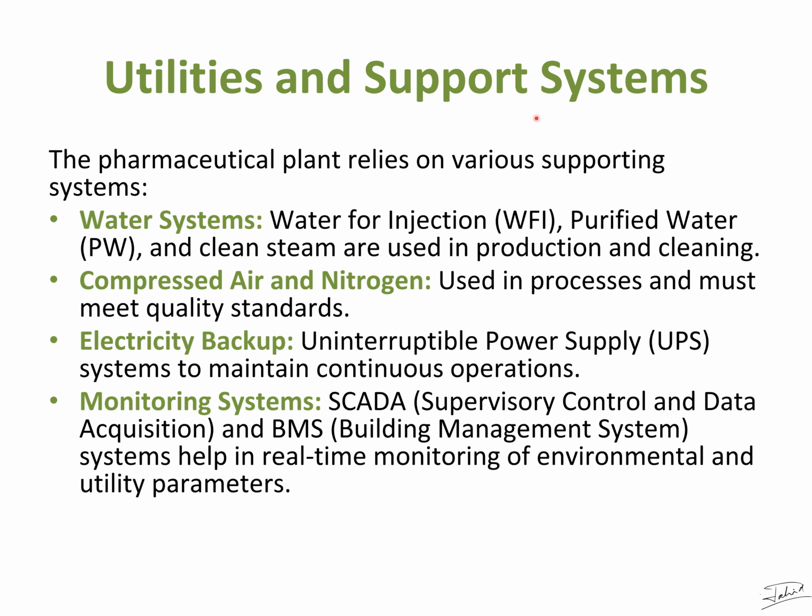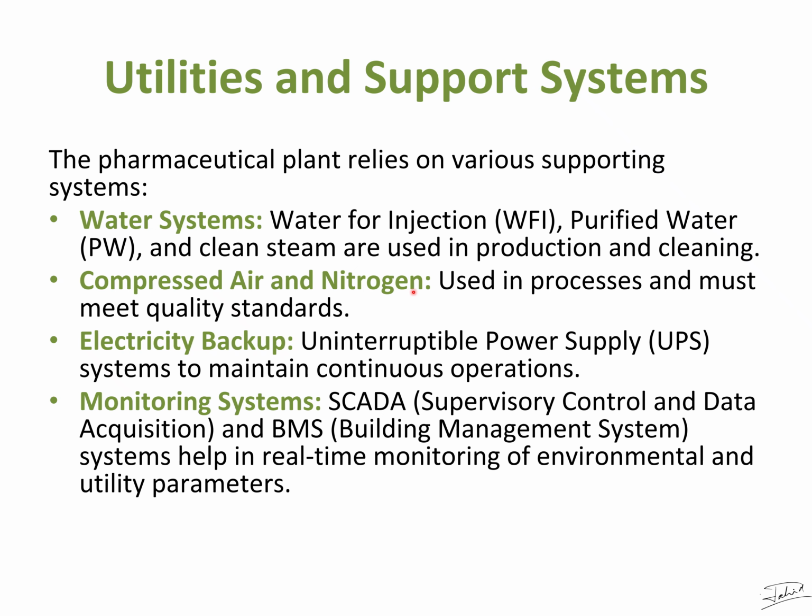Then utilities and support systems. The pharmaceutical plant layout relies on various supporting systems like the water system. We know water is an important ingredient or vehicle for parenteral preparation or sterile products, like water for injection, purified water, clean steam, used in production and cleaning of sterile products.